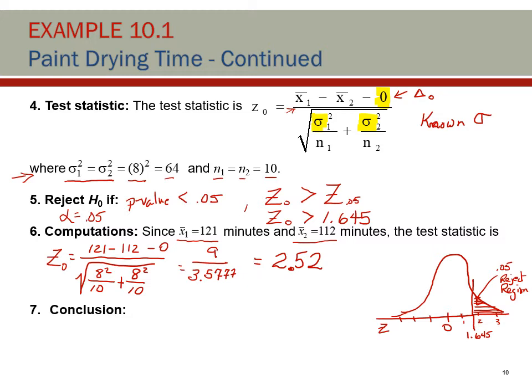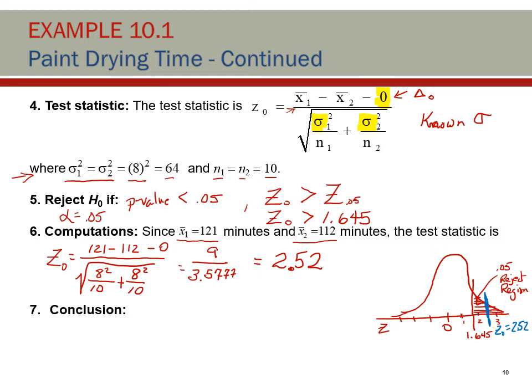So I'm going to come down to my graph and look at where is 2.5. So here's 1, 2.52. All right. That is my Z naught value, 2.52. That is obviously inside the reject region.